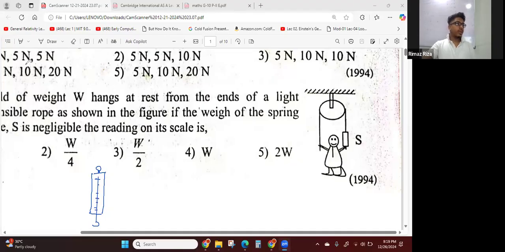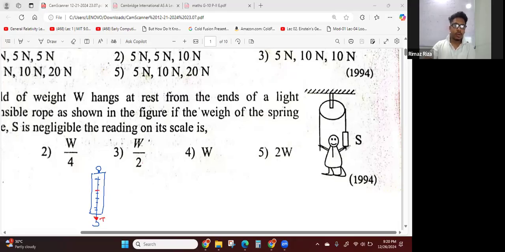Okay. So here we studied that the scale reading is nothing but the tension in this hook. The tension in the hook is the scale reading. Okay. So all we need to find is the tension acting on the hook of this spring. So the spring is massless.